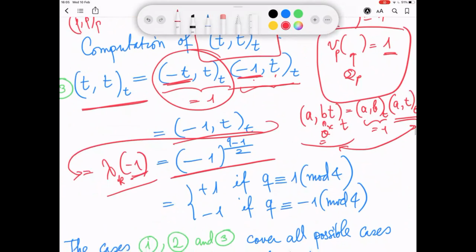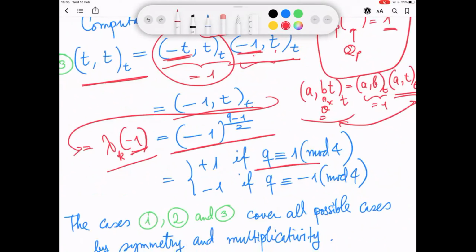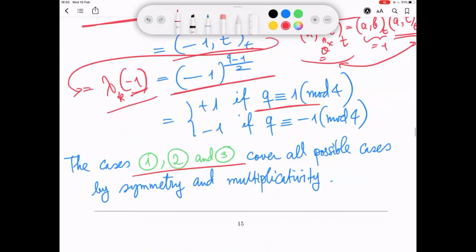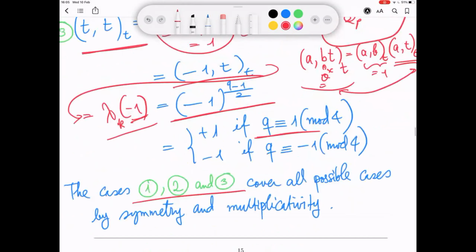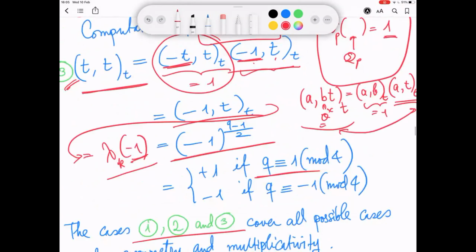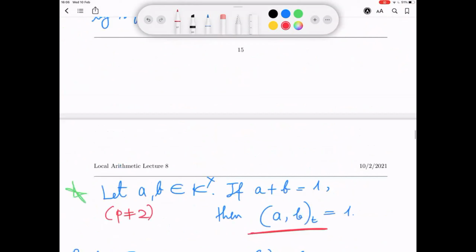And you can check that it's a square if and only if q is congruent to 1 modulo 4 and so on, right? So these three cases, number 1, number 2, and number 3, allow you to compute (A, B)_T in all possible cases. Cover all possible cases, right?